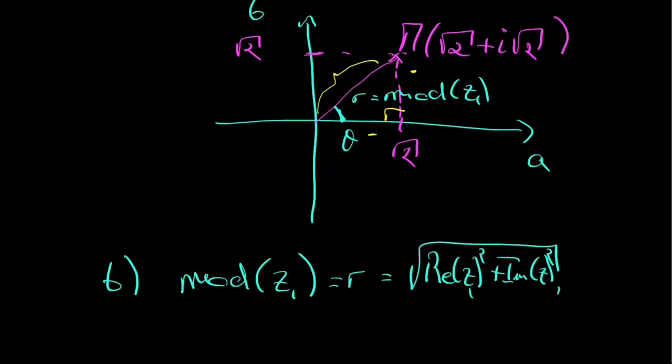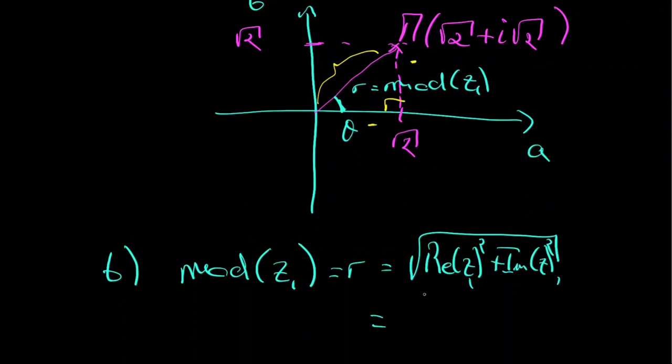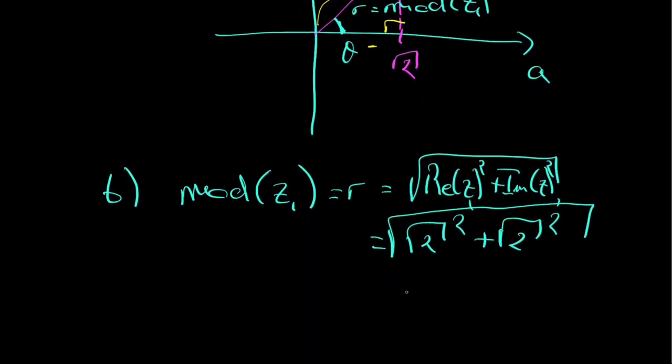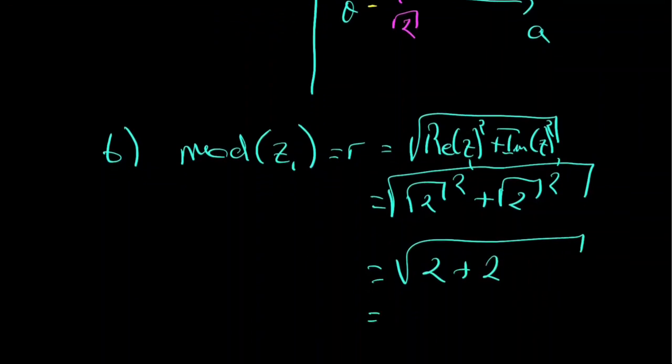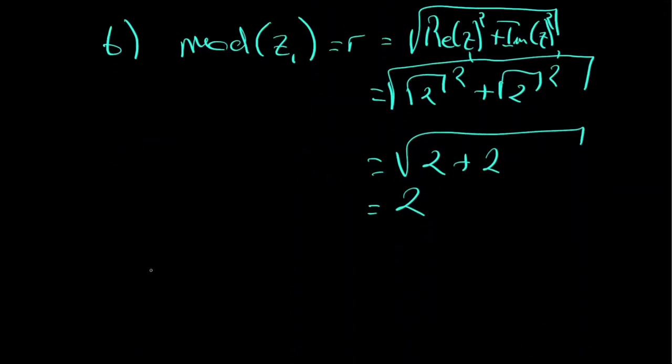So for z1 it is equal to square root of square root of 2 squared plus square root of 2 squared, everything under the square root, which is equal to square root of 2 plus 2, which is equal to 2. So easy one.